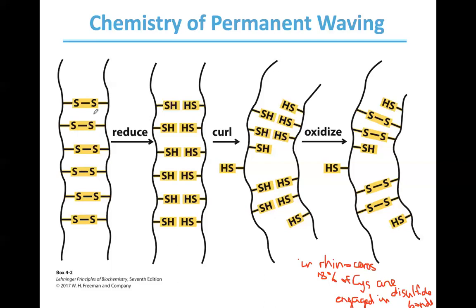And then what needs to be done before you apply the heat and moisture, you need to break the disulfide linkages. So you treat that with a reducing agent, which usually contains the sulfhydryl group, which will break up disulfide linkages into cysteines. Then you curl it, right? So it will change the shape, and then you reoxidize it.